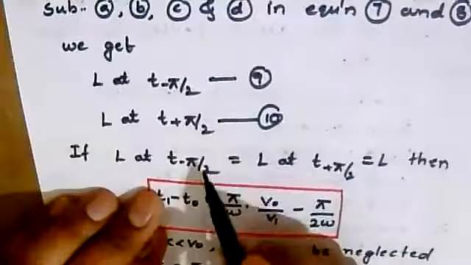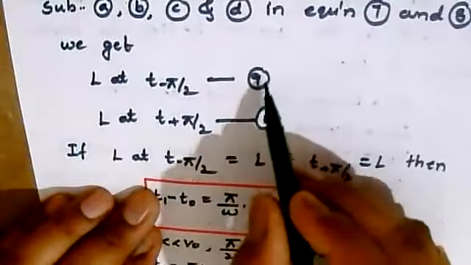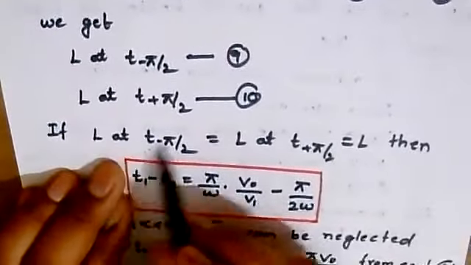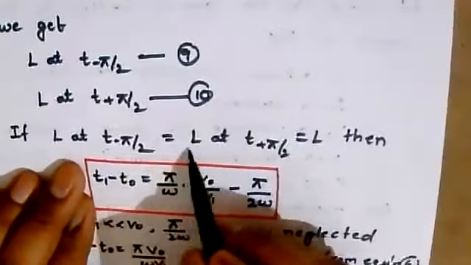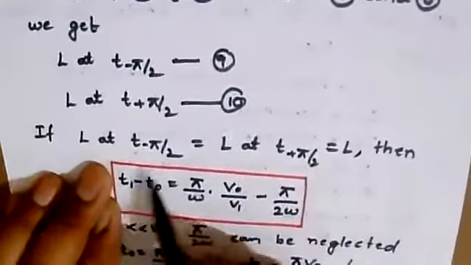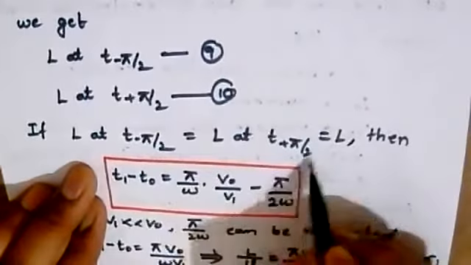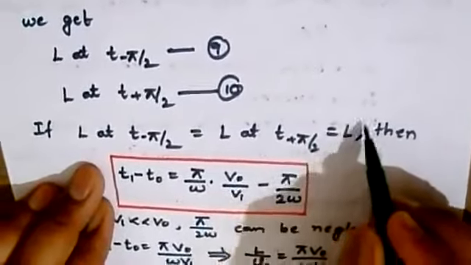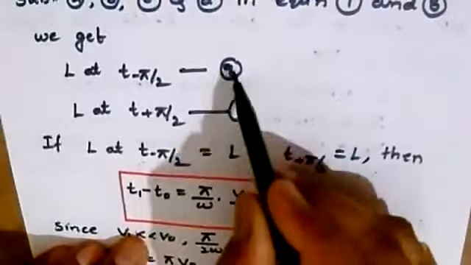After simplifying equations 9 and 10, the condition considered is that the distance traveled at t minus pi by 2 should be equal to that at t plus pi by 2, and both equal to the normal distance L. This condition is analyzed here for when it is influenced by the negative RF field and by the positive RF field.